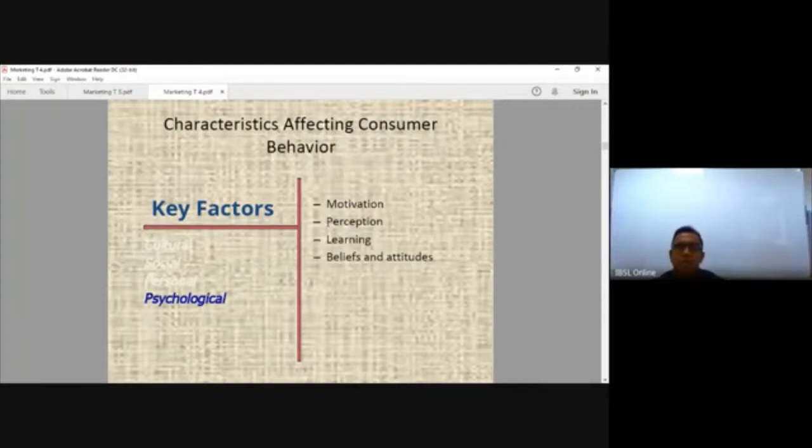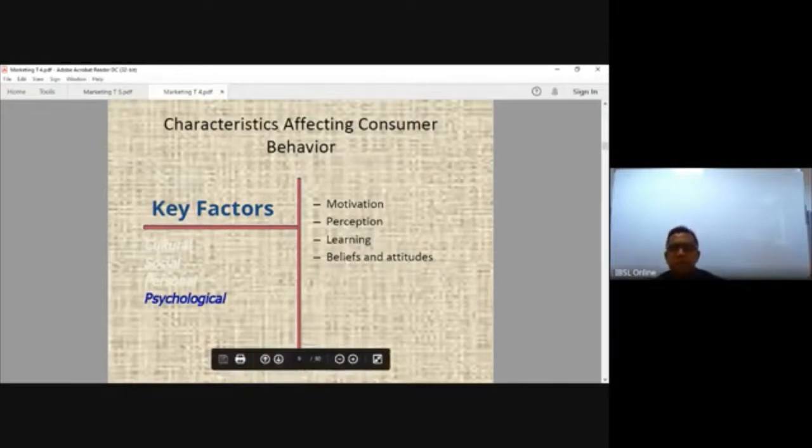So you perceive the iPhone as a good phone, or you perceive Sony TV as value for money, a good product, and so your beliefs, your perceptions, and your learning about those products, your knowledge, all that will influence your buying behavior.